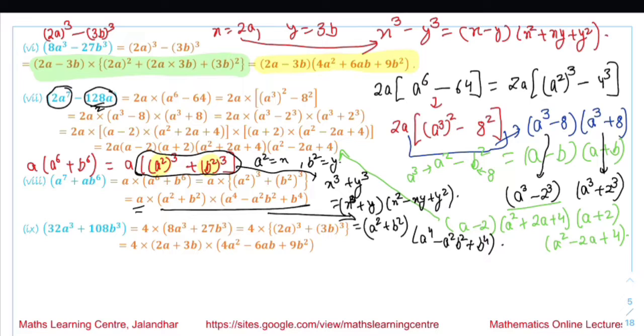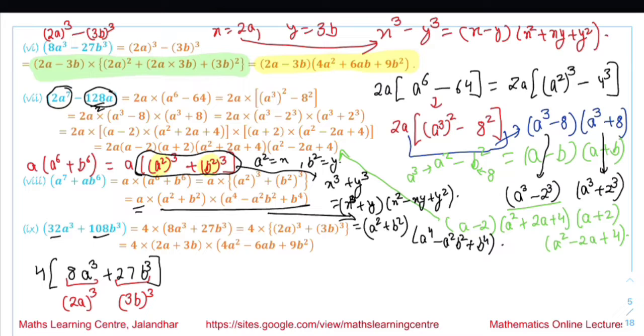Similarly, in the next question, it is 32a cube plus 108b cube. If we look at these terms, these are not the perfect cube of something. So we try to take something common, and the common value will be 4, and what we are left with is 8a cube plus 27b cube. Now 8a cube means it is (2a) whole cube, and 27b cube means it is (3b) whole cube.